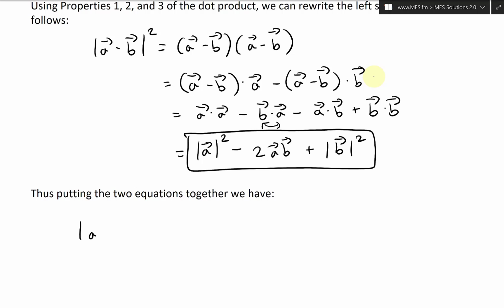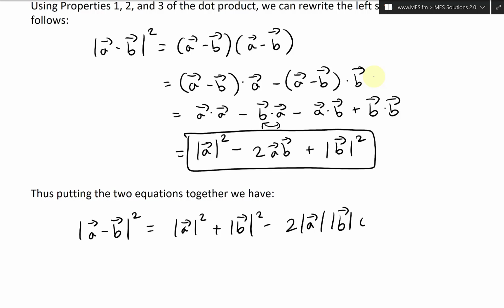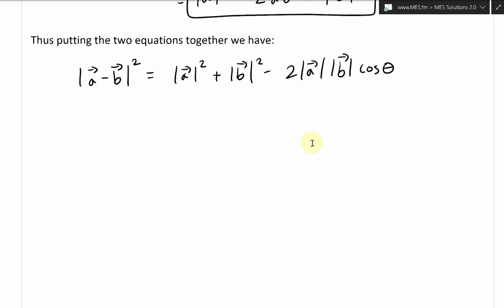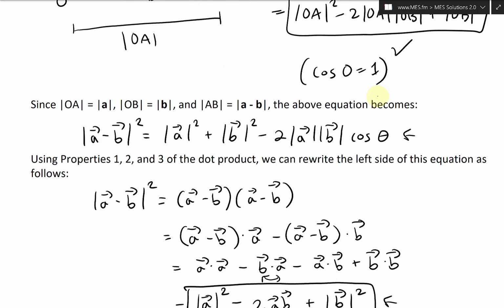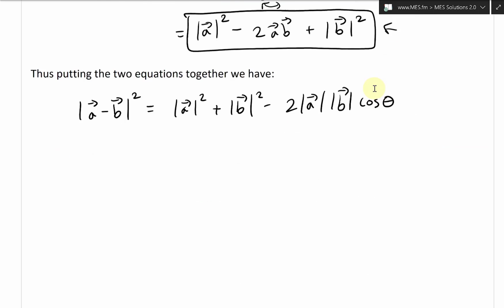So A minus B vectors squared equals, using the cosine law setup, the magnitude of A squared plus magnitude of B squared minus 2 times magnitude A, magnitude B, cosine theta. So that's this setup right here. And now we have this one right here. So we have this, and we have this, and equate them.